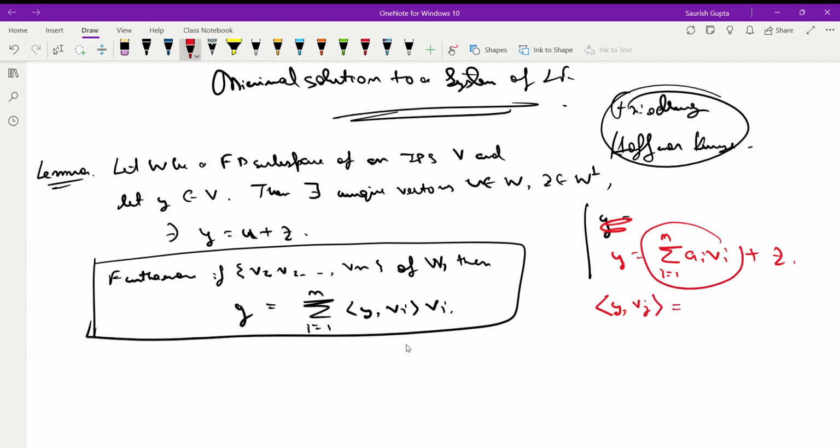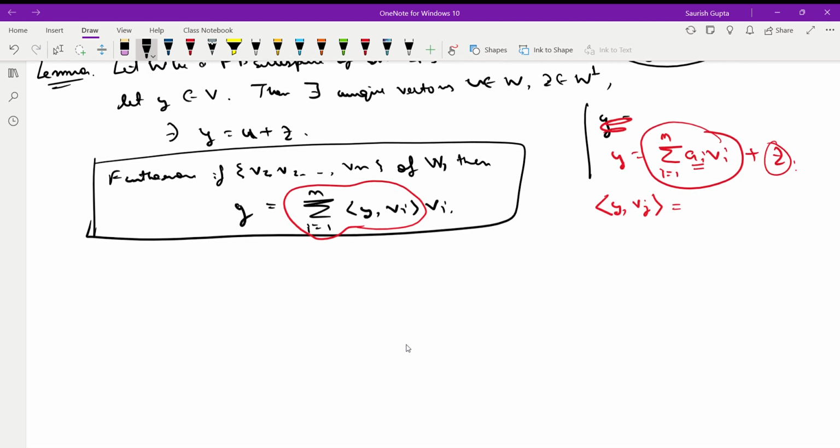Just take the inner product of y with some vj, and from here you will get ai to be exactly this form of a result, and the z term will be 0, right? Because z comes from W perp, and each of these vj's are vectors from W. Got it? So it's efficient to directly talk about these facts starting from a vector which has a representation in this way.